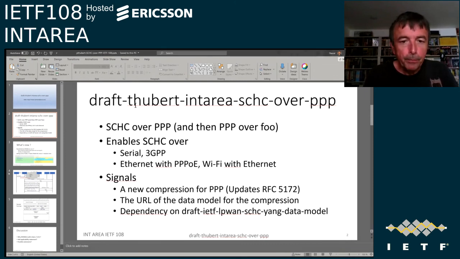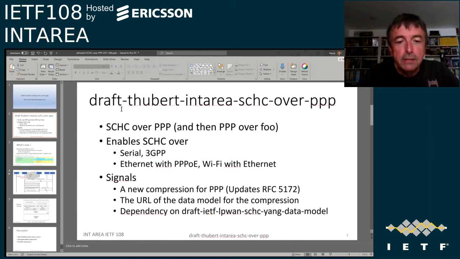Basically, we have enabled SHIC for LPWAN, but there's a huge variety of links for which SHIC is not enabled. A quick and easy way to enable SHIC on all those networks is to enable SHIC over PPP. It's a good idea for two reasons. The first is that there are already compression schemes defined for PPP, so there are all the mechanisms in PPP to say which compression you're using.